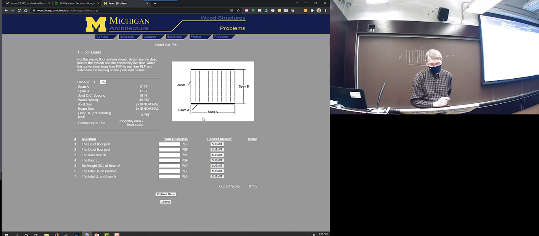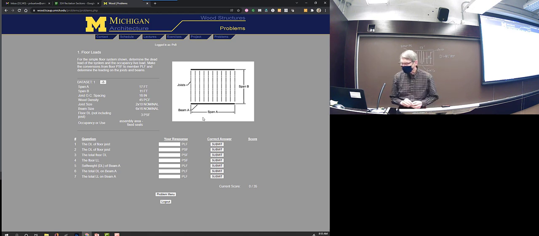So that's given, we don't have to calculate that. The joist size is a 2x10, and the beam that we're trying to get is a, wow, enormous 6x16. Okay, and the floor dead load, which is on it, is 3 PSF dead load. Okay, so we got that.